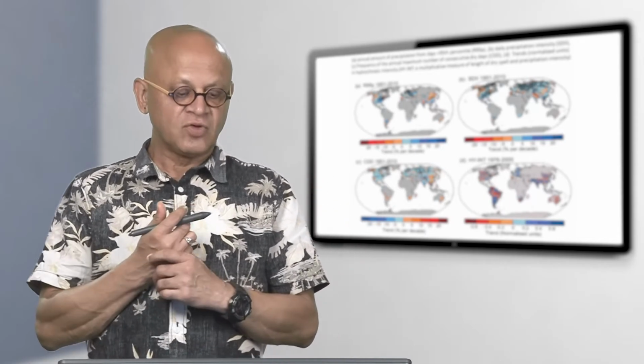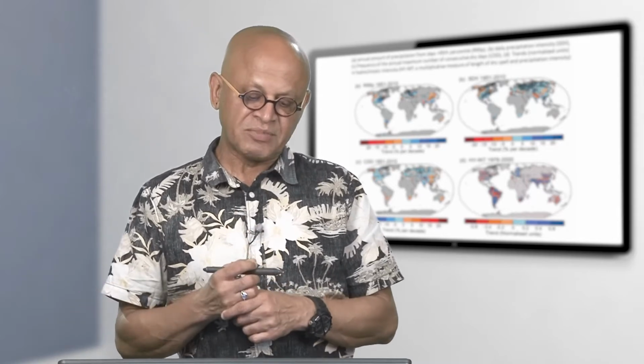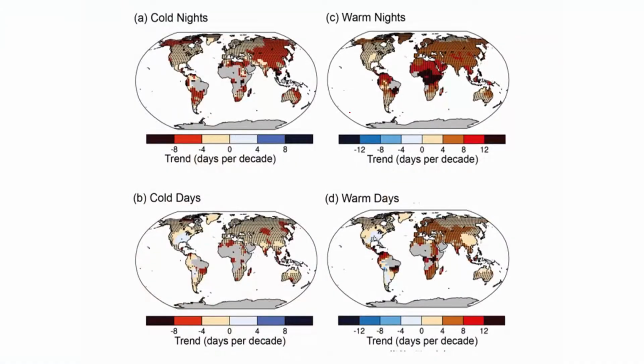Okay. So, before that, let us go back to look at temperature. One thing we can say with high confidence based on observations is that the cold nights are generally declining, meaning there are fewer and fewer cold nights per decade. So, you can see that most of the colors are in this range, which means the number of cold nights is decreasing, and the number of warm nights, on the other hand, is increasing.